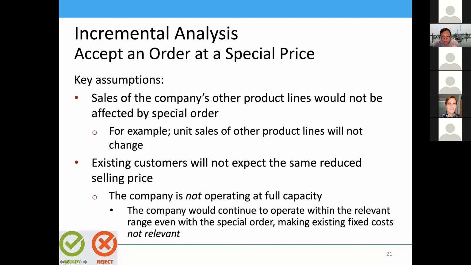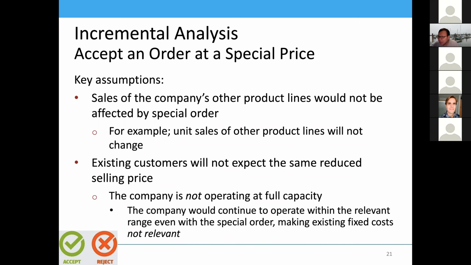Second, the company is not operating at full capacity. The key assumption is that even if I take this special order, I'm able to handle it. So I don't need to increase any fixed cost.